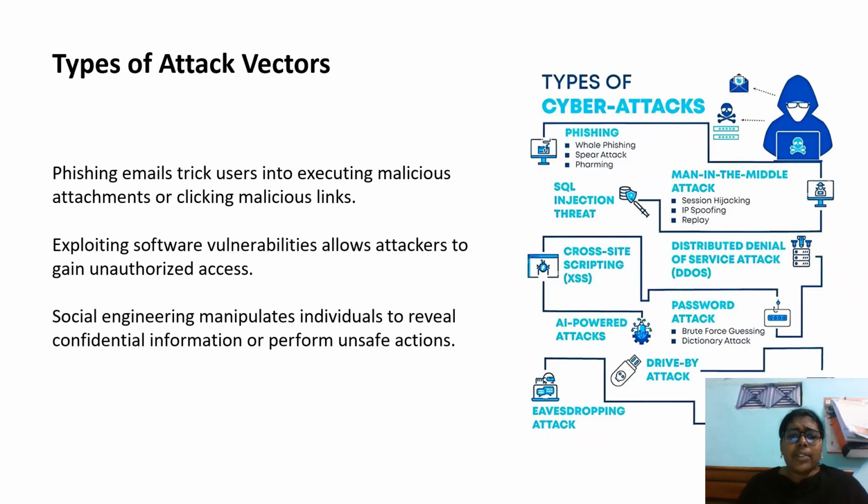Types of attack vectors: phishing emails trick users into executing malicious attachments or clicking malicious links. Exploiting software vulnerabilities allows attackers to gain unauthorized access. Social engineering manipulates individuals to reveal confidential information or perform unsafe actions.